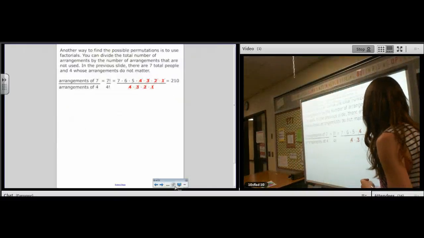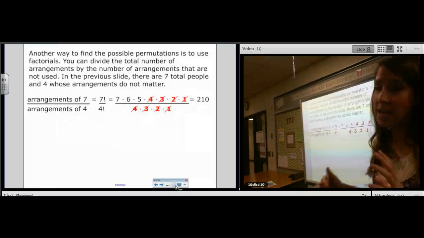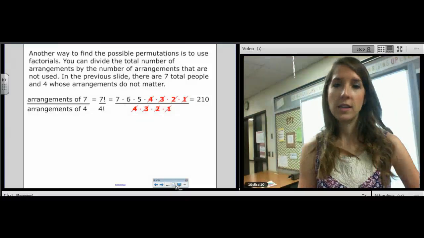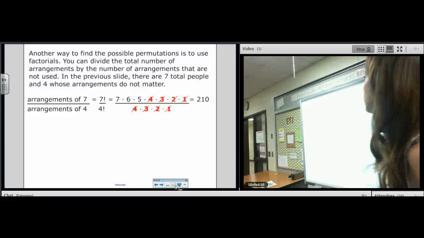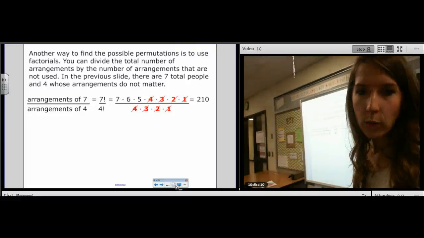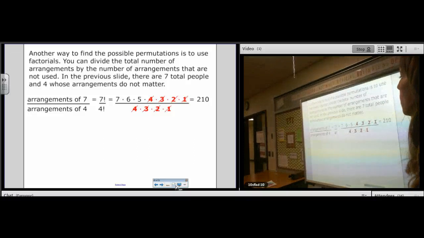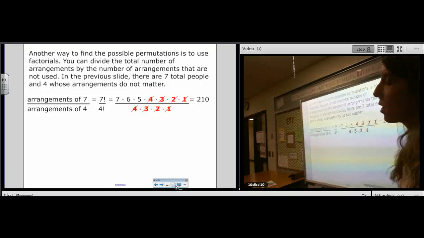I'll show you the slide just from the book, so the writing's not all pretty. But you can use factorials to find the number of possible permutations. So go ahead and look at this. This is exactly what we did, except we did 14, choose 3 instead of 7, choose 4. So the total number of arrangements would go on top.